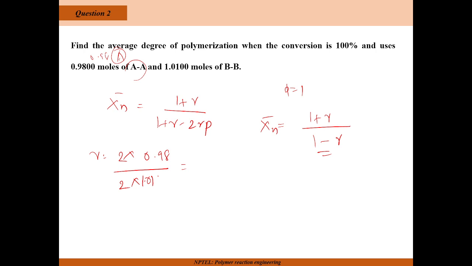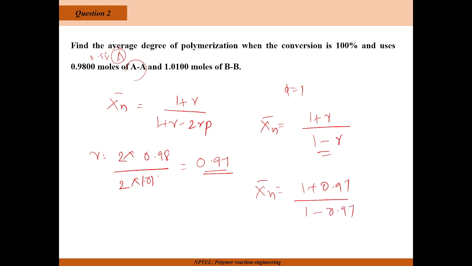Let me solve this. It is 2 times 0.98 divided by 2 times 1.01, so it can be approximated to 0.97. So here r is 0.97. Now I can write xn bar as (1 plus 0.97) divided by (1 minus 0.97).